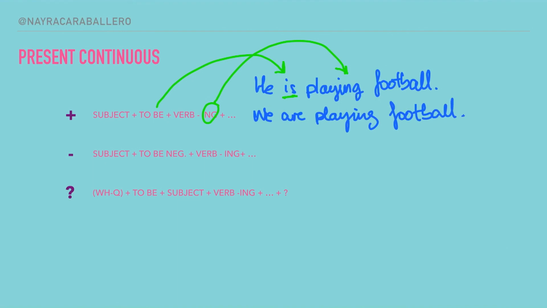In negative, we just add a not after to be verb. For instance, he is not, or you can say isn't, playing football.